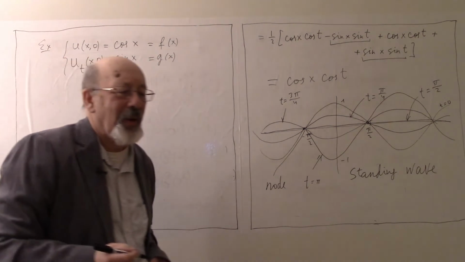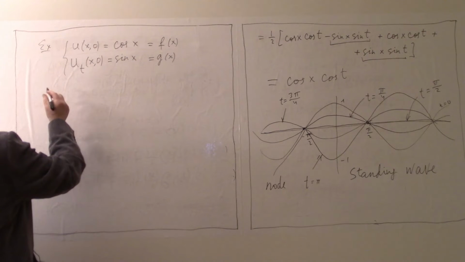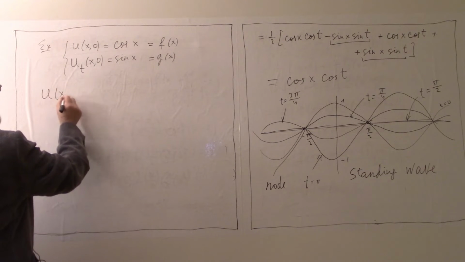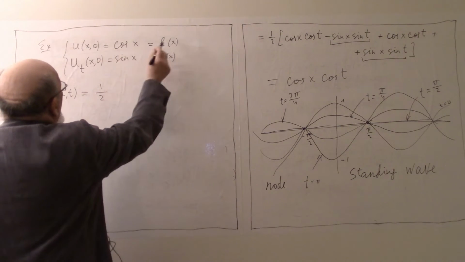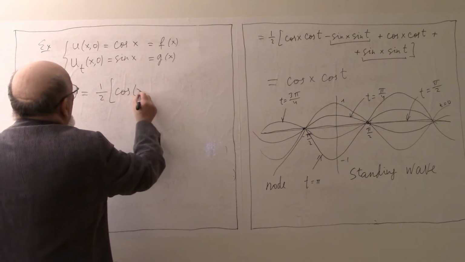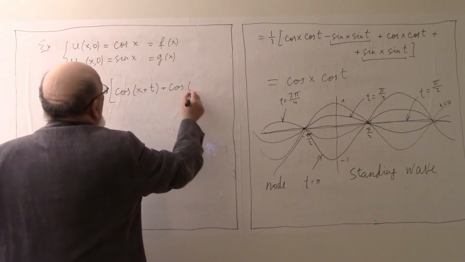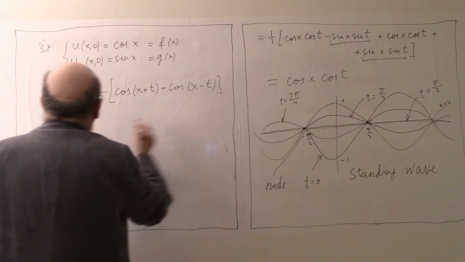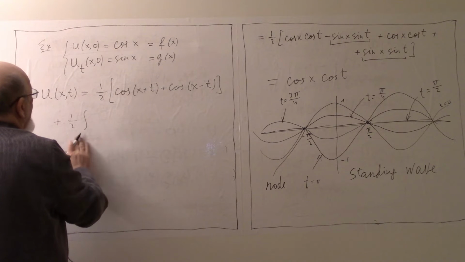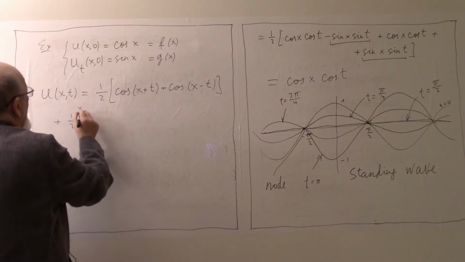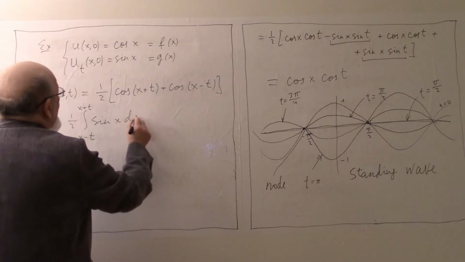Let us look at which solution we get following our formula. u of x, t equals 1/2 cosine of x plus t plus cosine of x minus t, plus 1/2 integral from x minus t to x plus t of sine x dx.